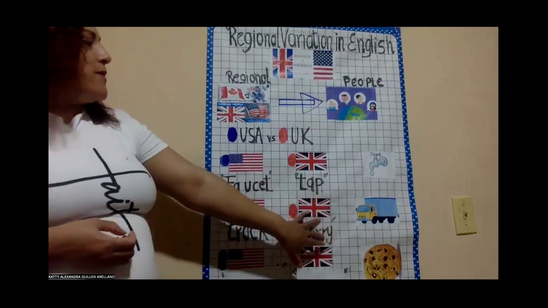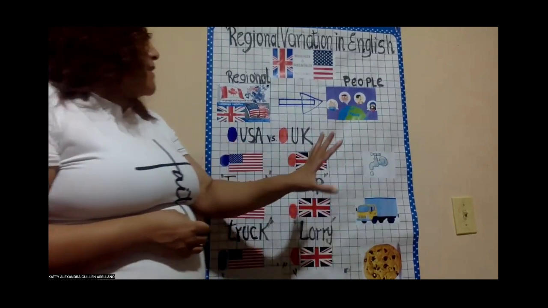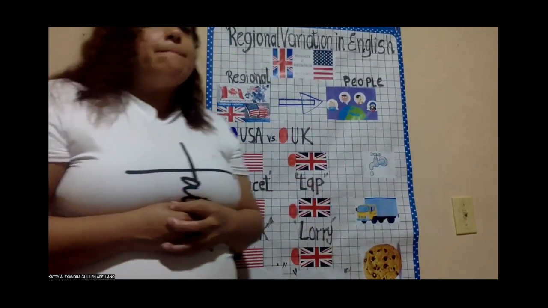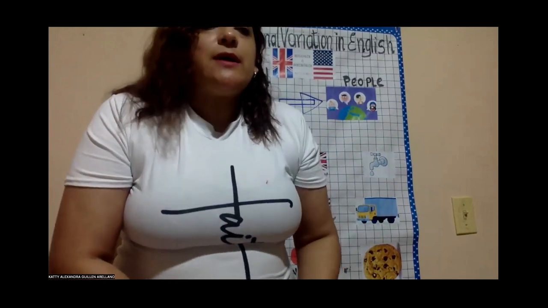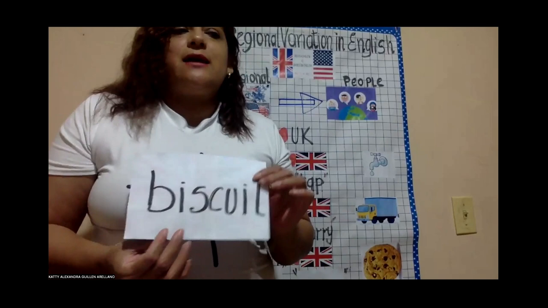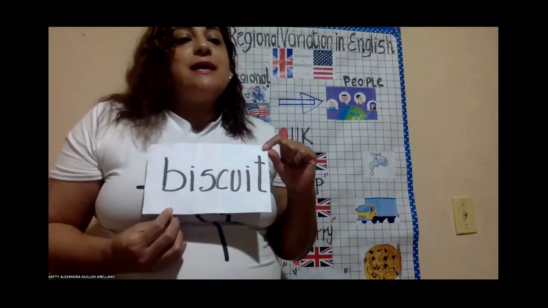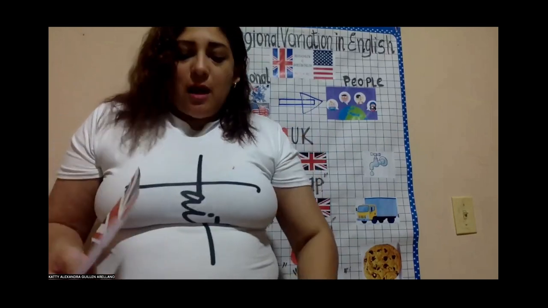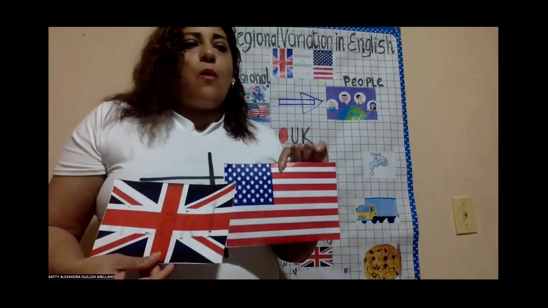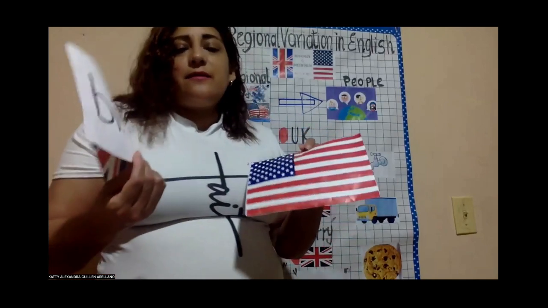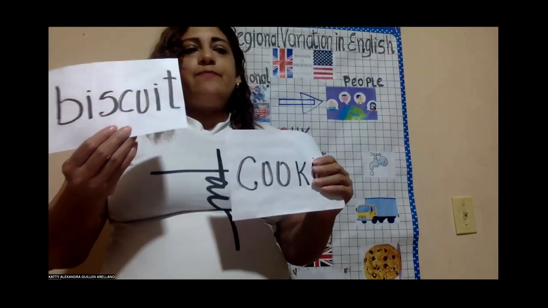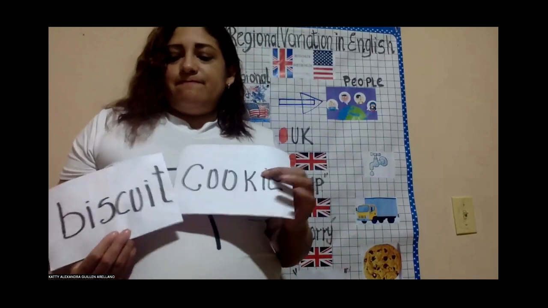Some objects have different words. Other regions show a word like biscuits, unless a student guesses if it is American or British English. Americans think of it as a cookie. British people think it's a biscuit.